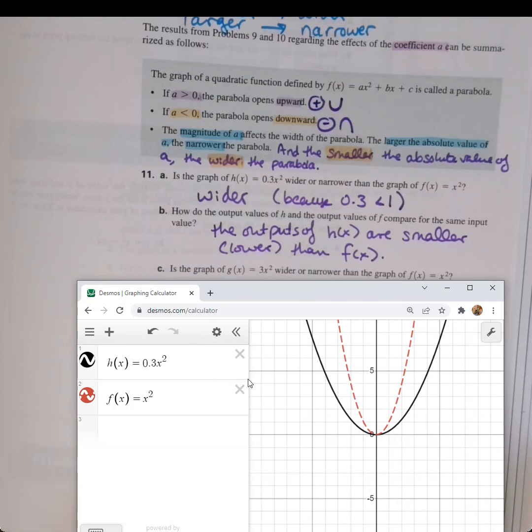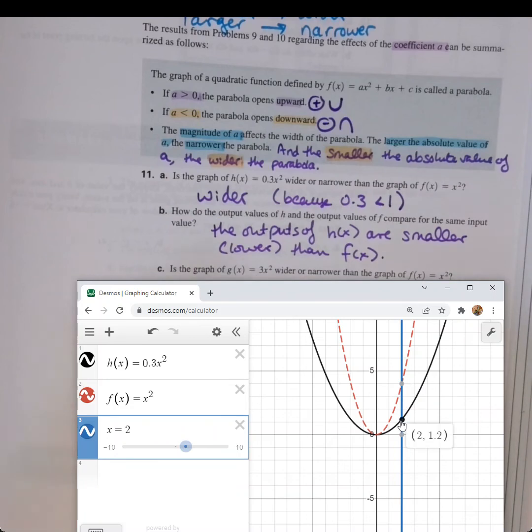So if you're looking at any specific input, like x equals 2, the outputs of h are lower than the outputs of f. For the input 2, the output of f is 4, and the output of h is 1.2. So again, it's a smaller or lower output value for our h of x function. That's what we are saying up here, and that's what we're also observing in the graph.